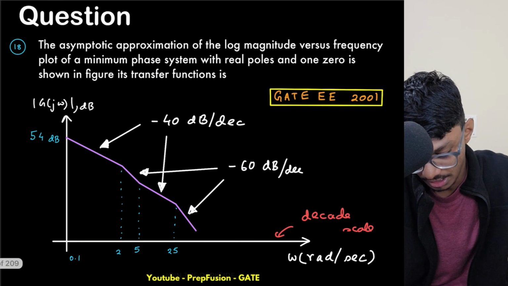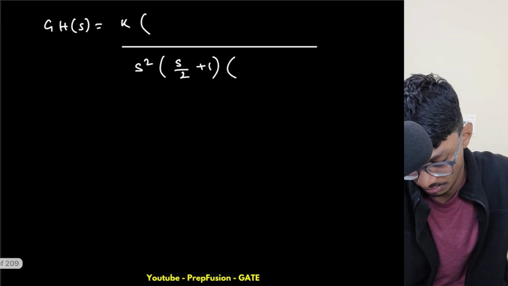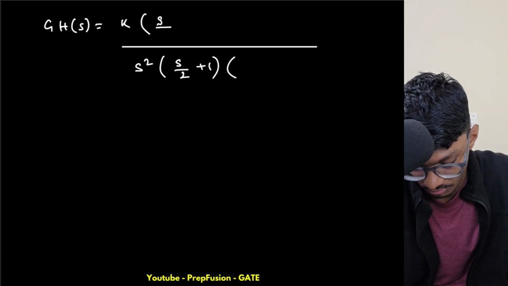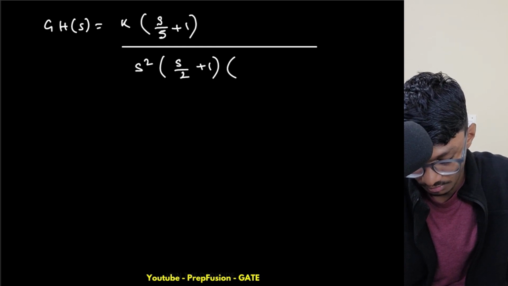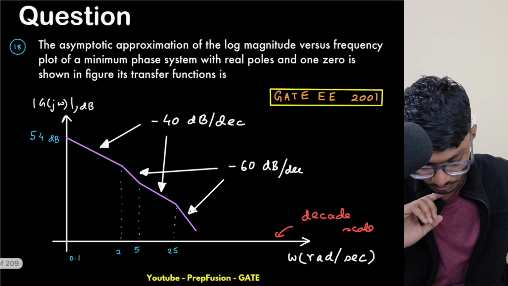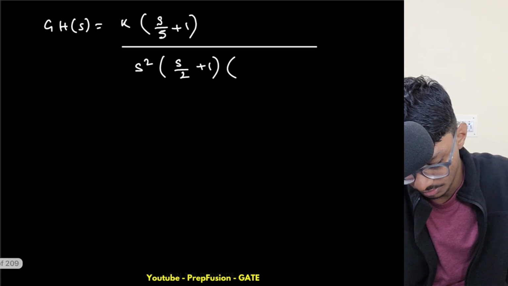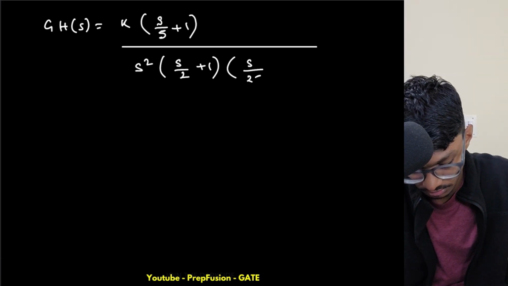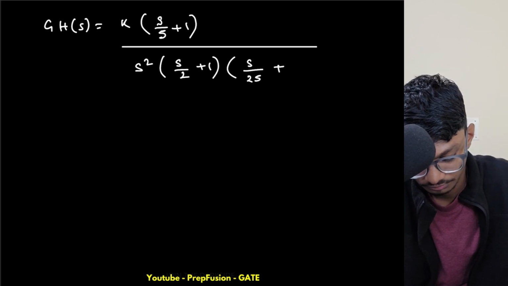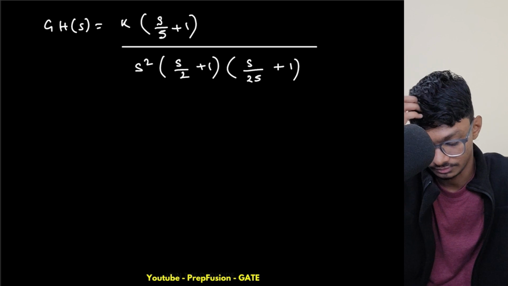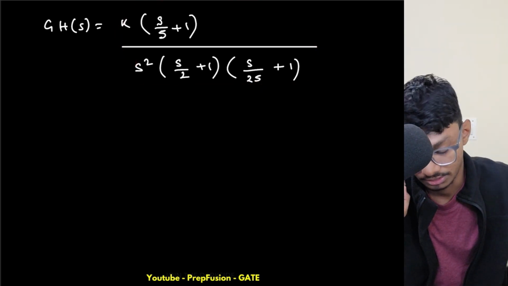Then at omega equals 5 I have one zero. Then at omega equals 25 I have another pole. So these are the poles and zeros.